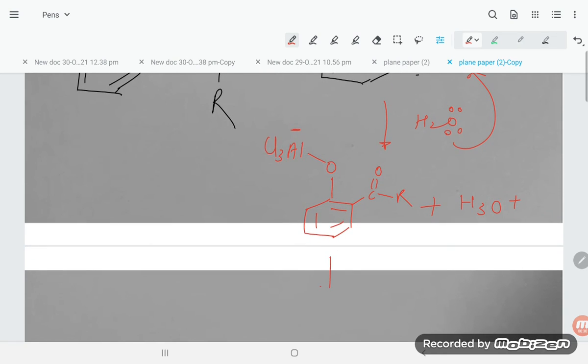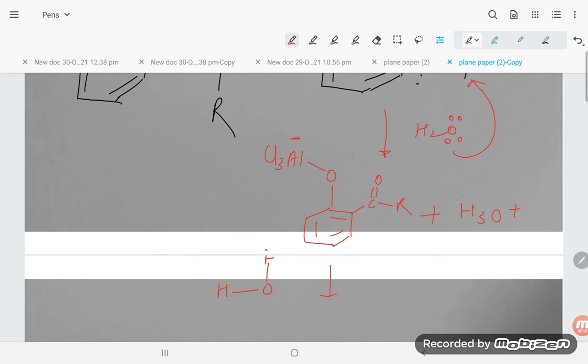Now friend, what we can do here is attack with the H3O plus. If you are attacking with H3O plus, let us draw the structure of H3O plus so that you will be able to understand this a little better. So here you see, student, that is hydrogen, oxygen, and another hydrogen, and it is positive charge. So friend, what will happen?